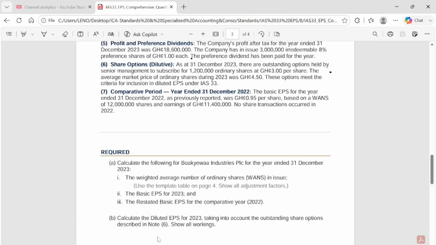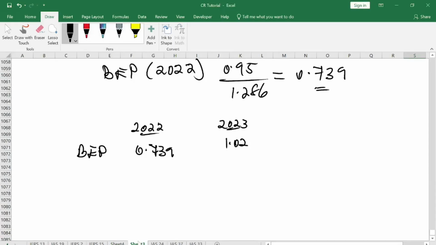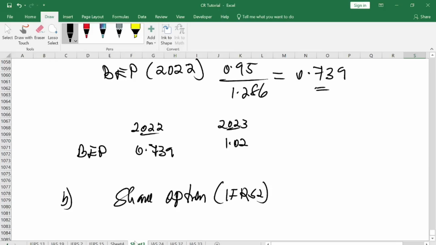B, they say calculate diluted earning per share for 2023, taking into account the outstanding share options described in those stocks. So calculate the diluted earning per share. So that is B, share option. This is under IFRS 2, and this is also referred to as equity settlement.